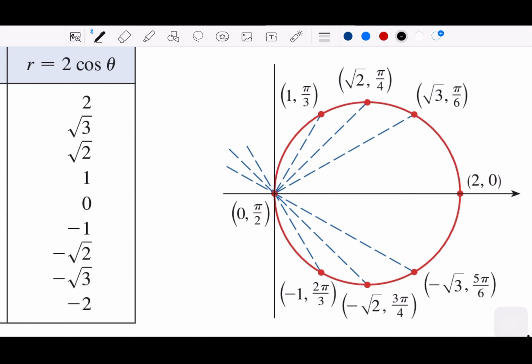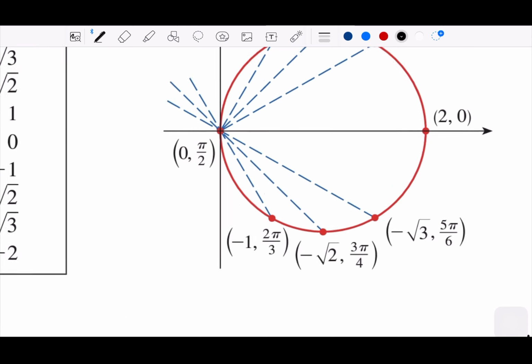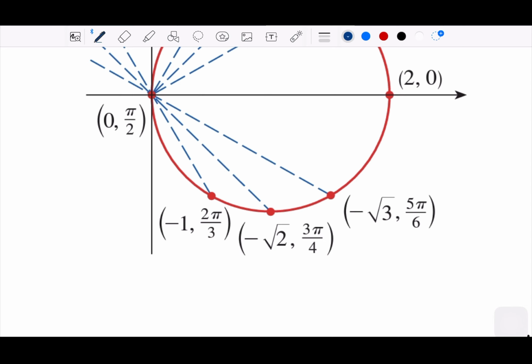And remember, when you have a negative radius, as I mentioned before, it is practically the same as the positive, but the angle is plus pi. So we can imagine this is plus pi, or this will be 11 over 6 pi, right? And the same thing for the other negative radius as well. Okay.